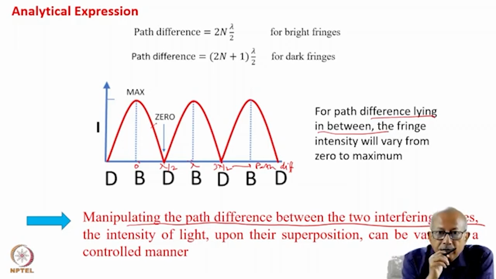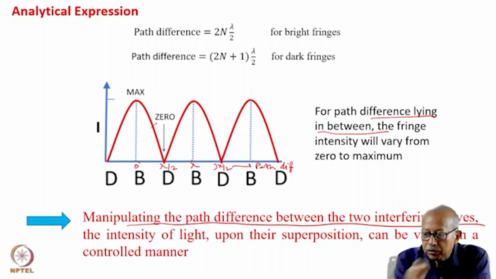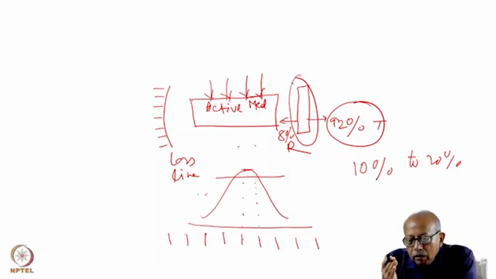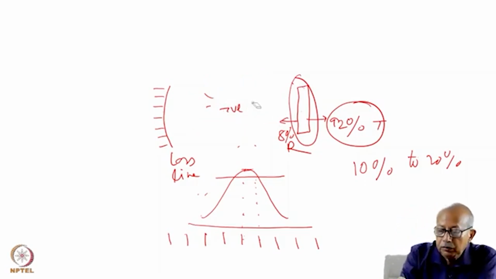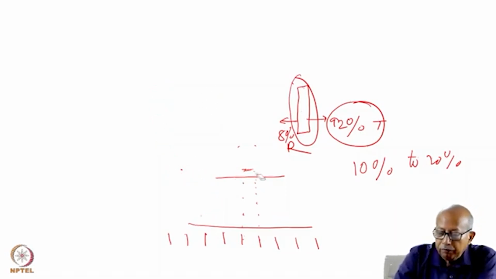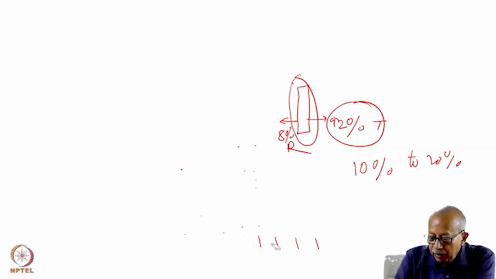So let's see how we use this knowledge to get transmitted light of different transmission. All right. So we begin with the glass plate.